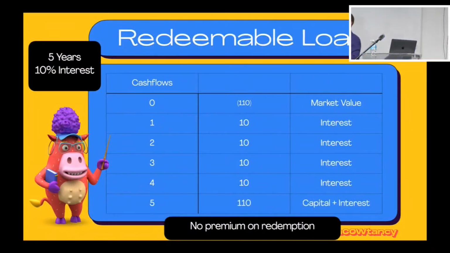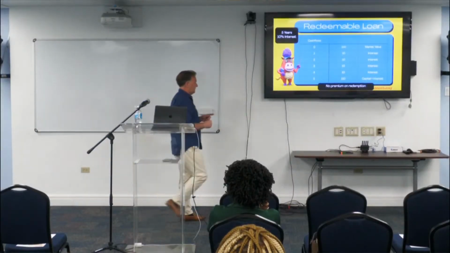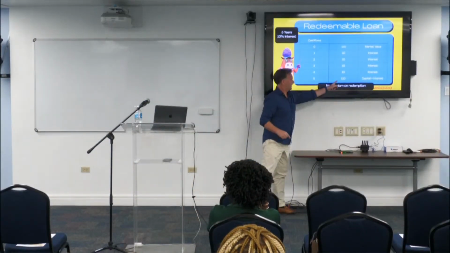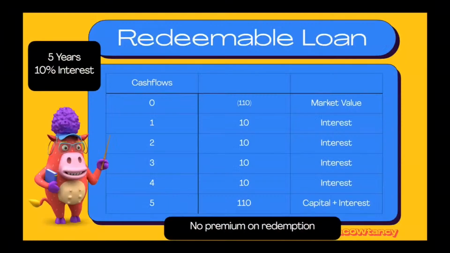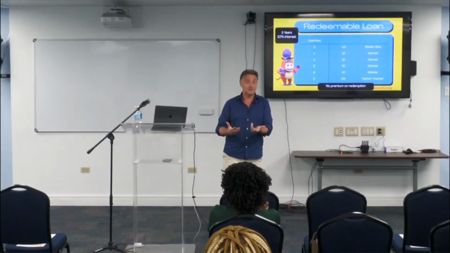If there was a premium on redemption of 20%, what would that figure be? If there was a premium on redemption, so the examiner's being annoying, you've got to think, okay, I'm redeeming 100 at the year end. But he says, no, you're not. There's a premium on redemption of 20%.